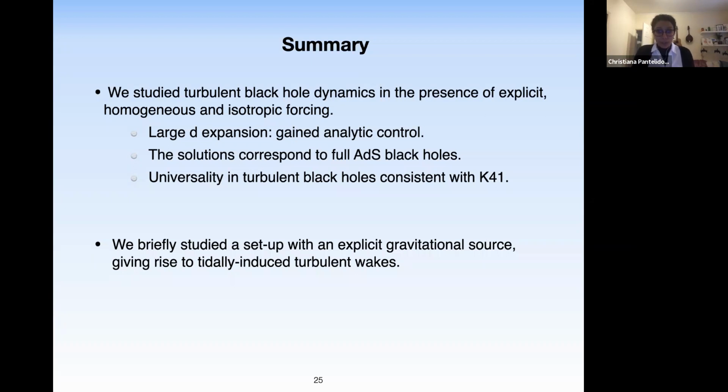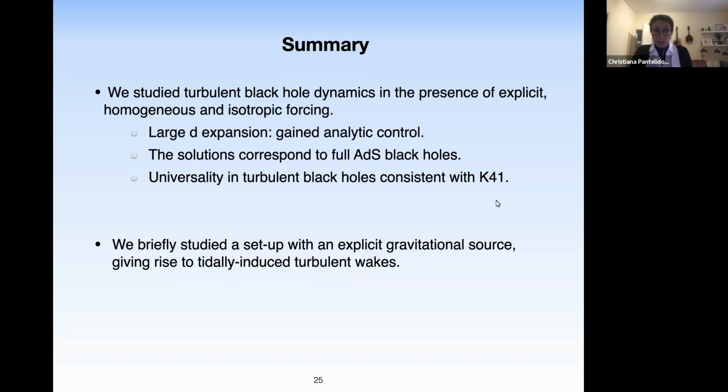And in order to construct these solutions, we chose to go to the large D expansion, where we got more analytic control over the equations. And it turned out that by solving two equations for two functions, we were actually able to construct the full AdS black branes. And by studying the properties of those black branes, we saw universality that was actually consistent with K41 to a very high degree. That was the second video that I showed you.